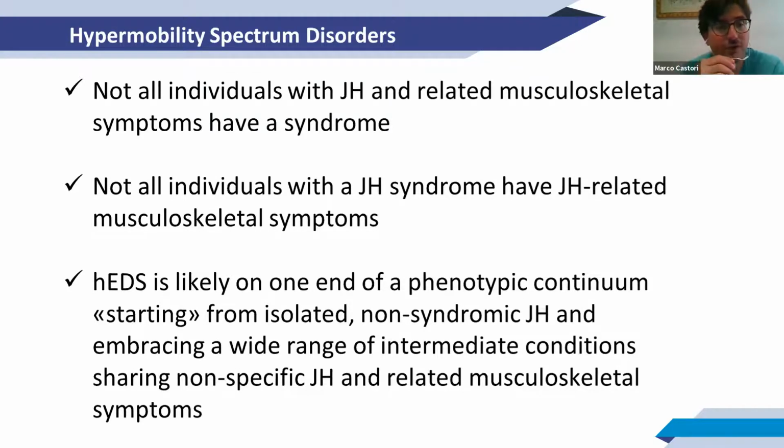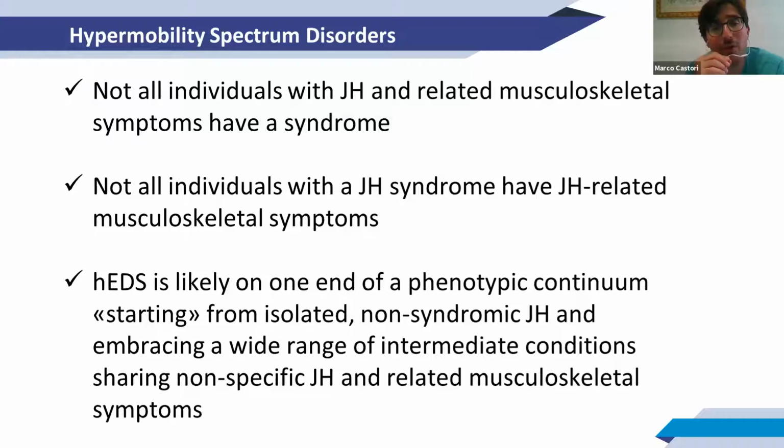First one, that not all individuals with joint hypermobility and related musculoskeletal symptoms have a syndrome. On the other side, not all individuals with joint hypermobility have joint hypermobility related musculoskeletal symptoms.